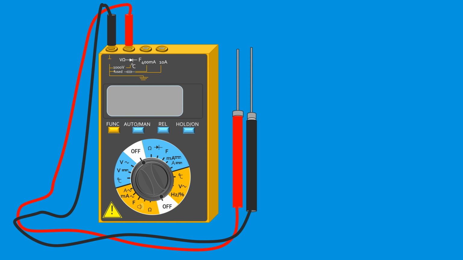Keep the knob at the first step right. Keep the hand side leads open. On the screen, an open circuit or overload symbol will be depicted.